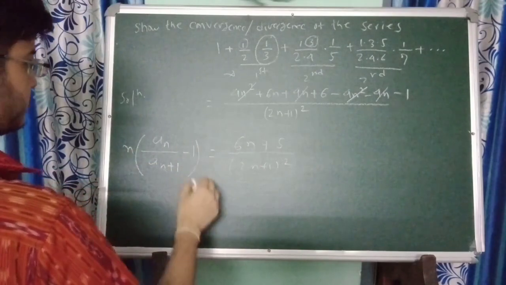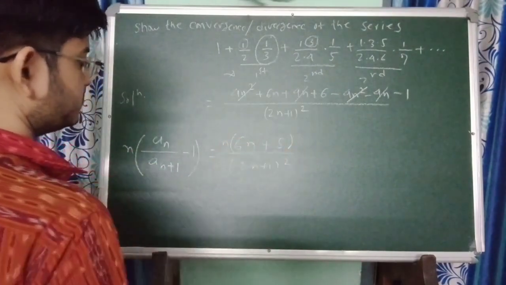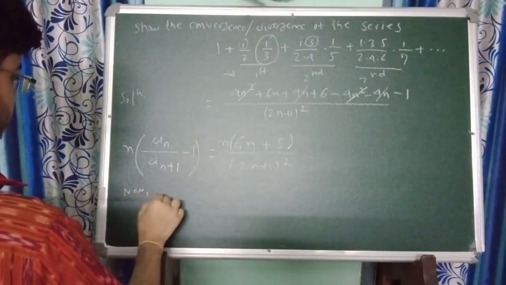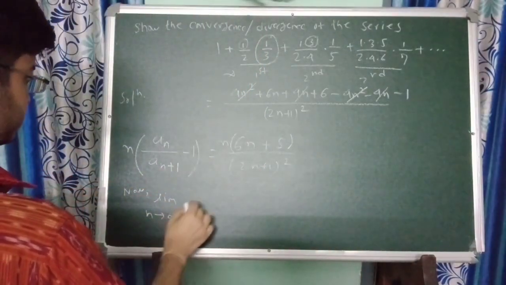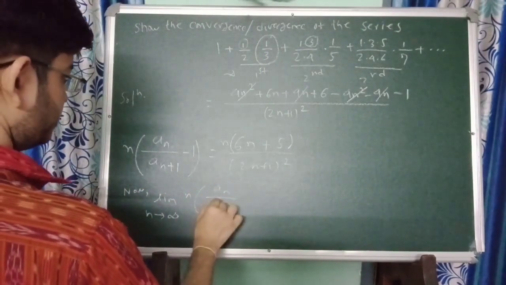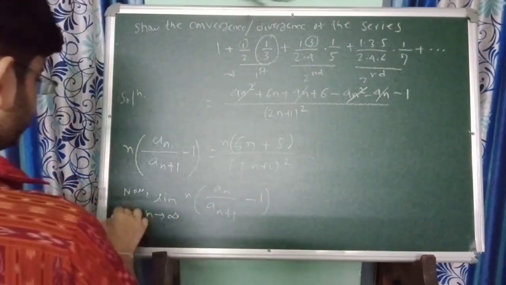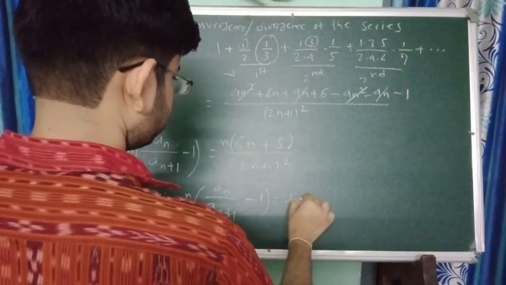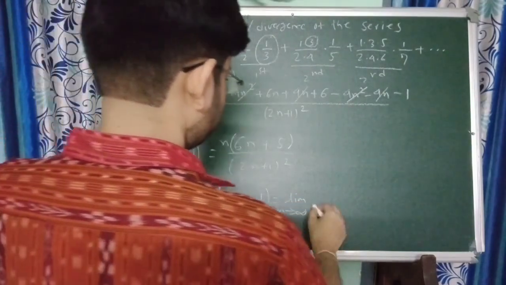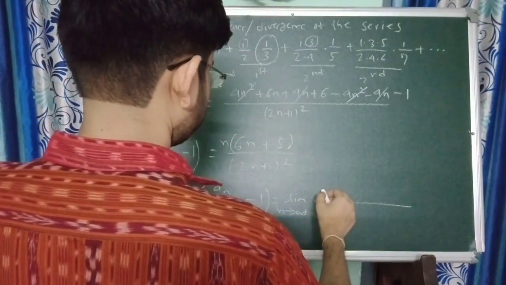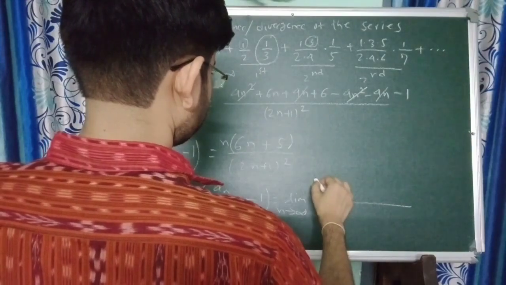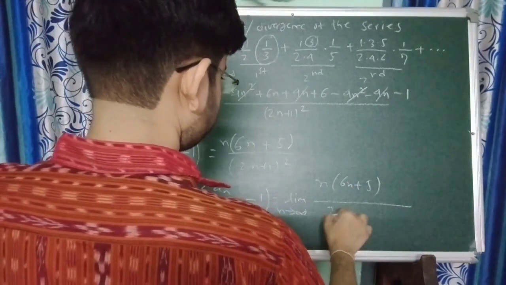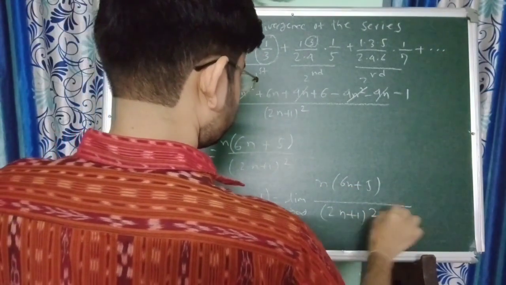So n into this expression becomes n into this. Now the limiting value of n into a_n divided by a_(n plus 1) minus 1, which is L by Raabe test, becomes limit n tending to infinity n into 6n plus 5 divided by 2n plus 1 whole square.